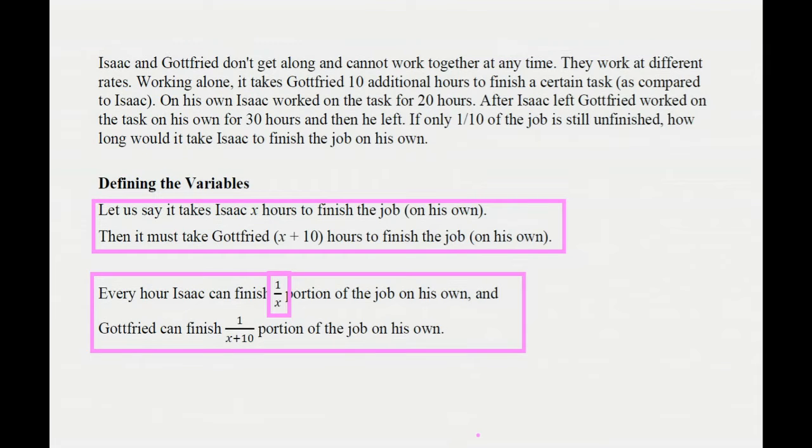And if it takes Gottfried X plus 10 hours to finish the entire job, he must be finishing 1 over X plus 10 portion of the job every hour.